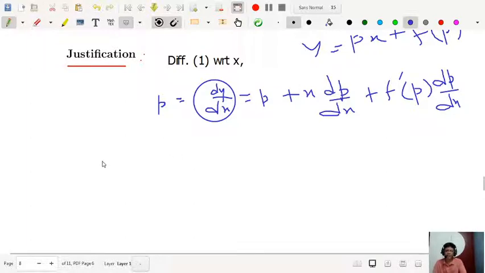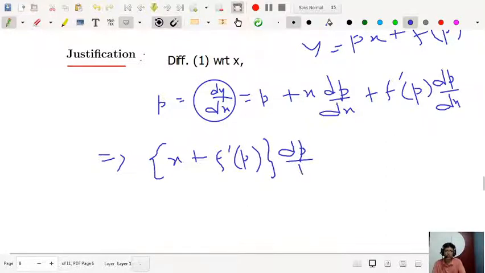This is also p, this is also p. So p gets cancelled, and if you take x + f'(p), dp/dx is common, equal to 0. Because the p's get cancelled.